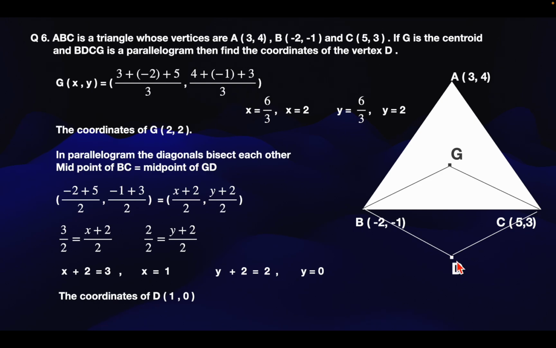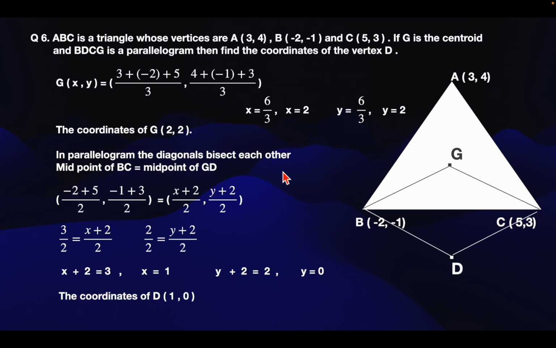Now there is another point here, D, in such a way that this is a parallelogram. In a parallelogram, the diagonals will bisect each other. That means this is the diagonal BC. The midpoint of BC is equal to the midpoint of GD. This is the other diagonal. Use the midpoint formula and find out the midpoint of BC.